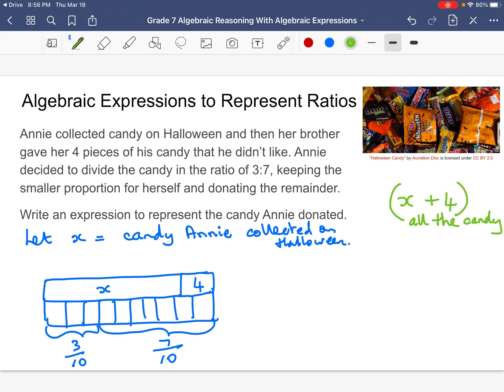And then she's going to donate 7 out of every 10 pieces. So she's going to donate 7/10 of all the candy. So 7/10 of X plus 4. And that's how much candy she's going to donate. 7/10 of X plus 4 pieces of candy.